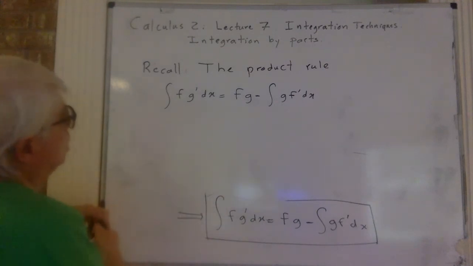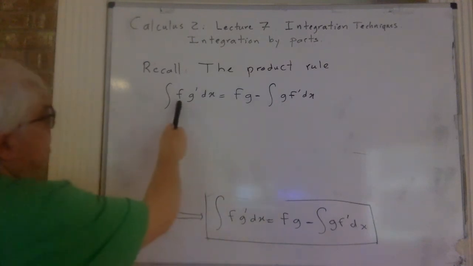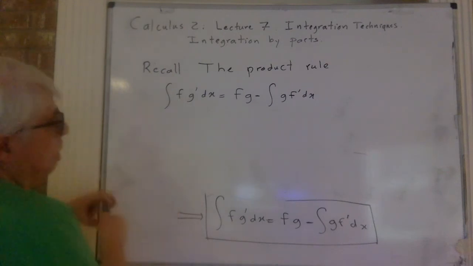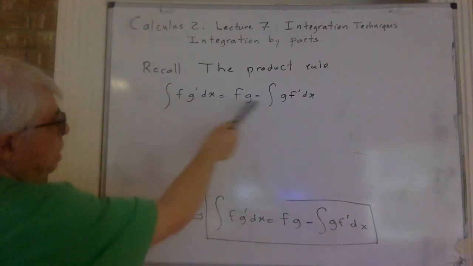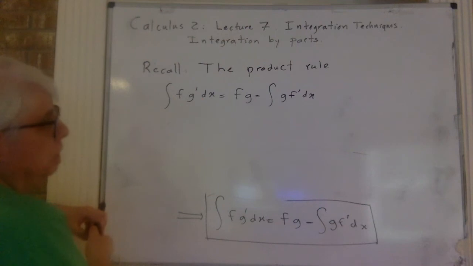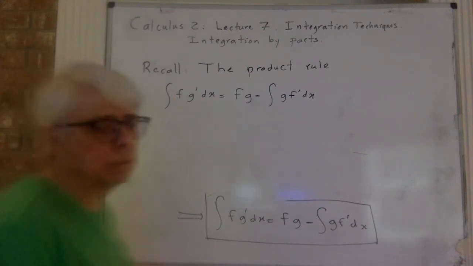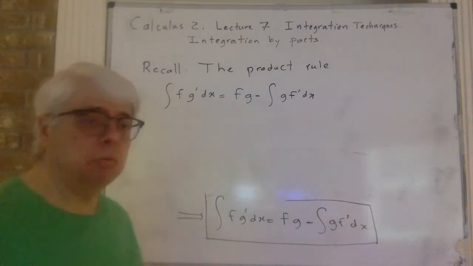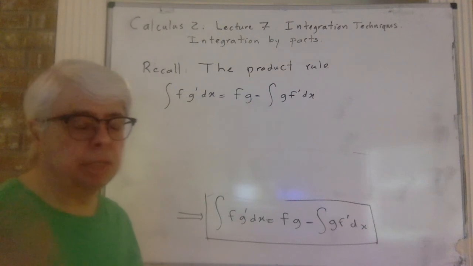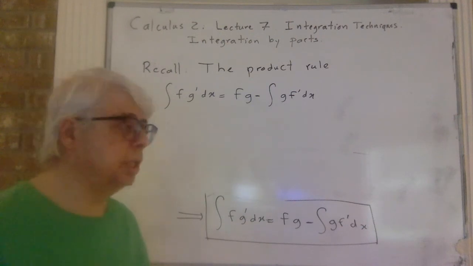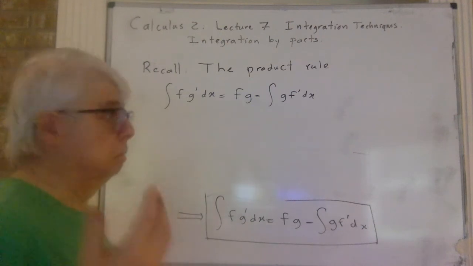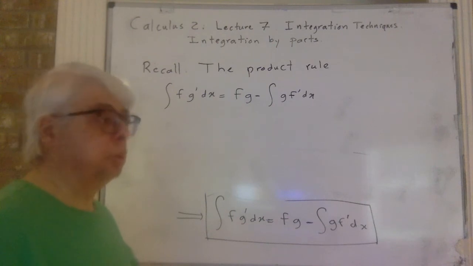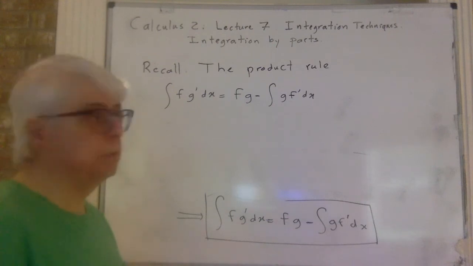Now, why is it important? It might be that when you differentiate f, you get a simpler function. Just imagine if you have a polynomial of degree, say 5, the derivative of that is a polynomial of degree 4. So that is a simpler function. One of the functions that becomes so simple is ln. The derivative of ln x is 1 over x.